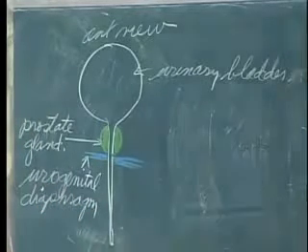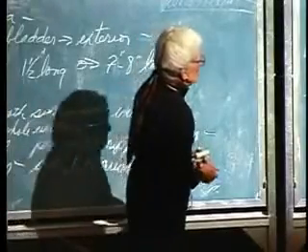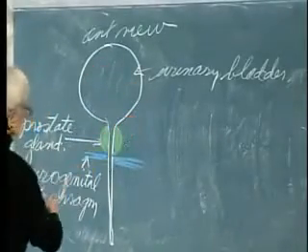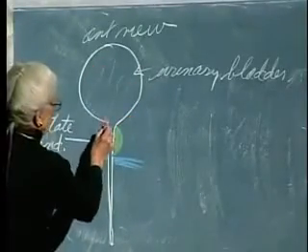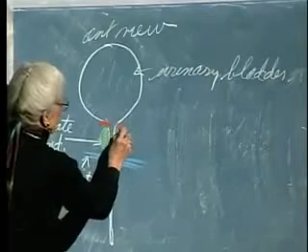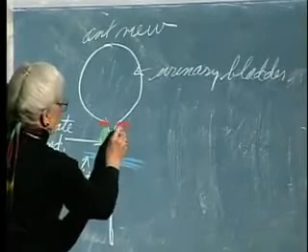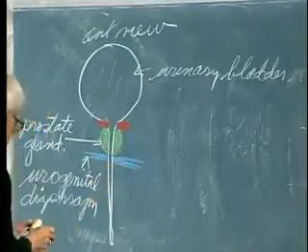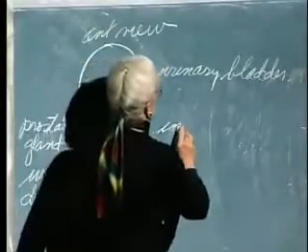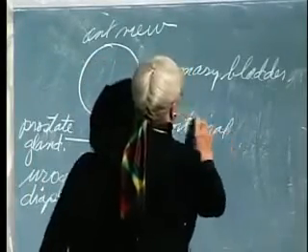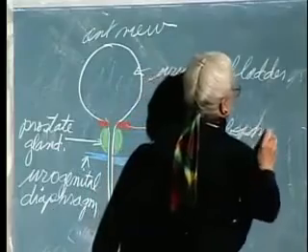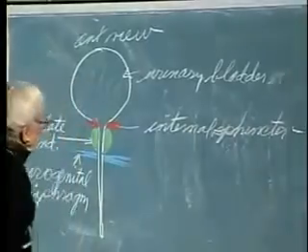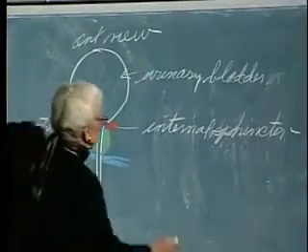So we'll stop for a moment with those, because we have then between the prostate and the bladder our internal sphincter. This represents our internal sphincter. And that, of course, is smooth muscle.